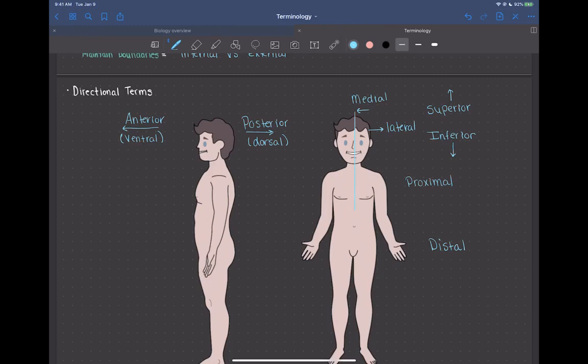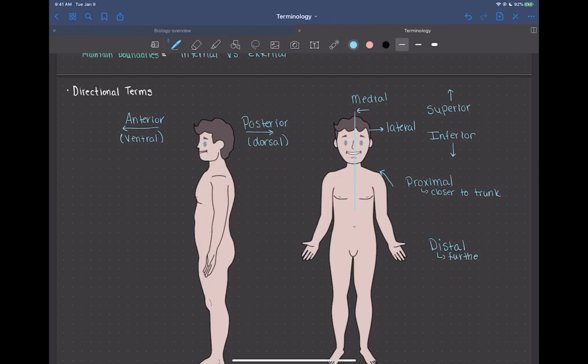Proximal means that something is closer to the trunk of the body. So this is closer to the trunk. And distal means further from the trunk.